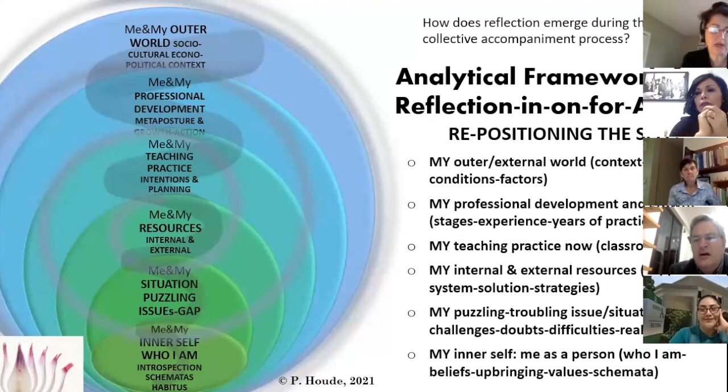And I also added the dimension of the inner self, which Suzanne also talks about. But I think we cannot forget who we are. So the way we reflect is very, very dynamic, it's a movement, you know, we can't exactly say where we situate reflection, but it has all these dimensions that I'm presenting now. That's how I see the emergence of reflection.